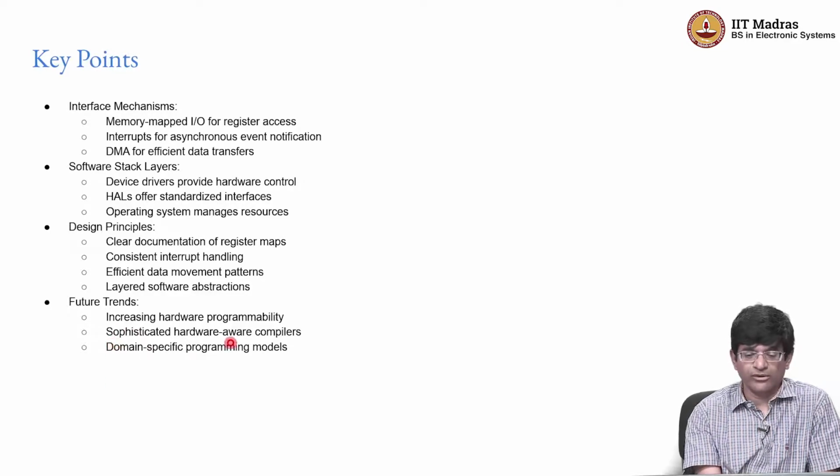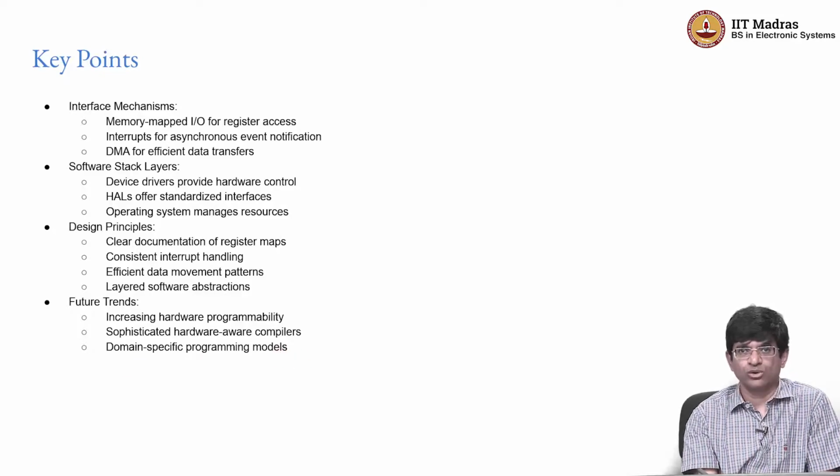From the software point of view, increasingly there is active research in the area of what are called hardware aware compilers, things that can actually sort of take into account the capabilities of hardware and then generate software that is able to actually make effective use of that. And finally, there are also domain specific programming models, especially nowadays when you look at things like the AI/ML domains.